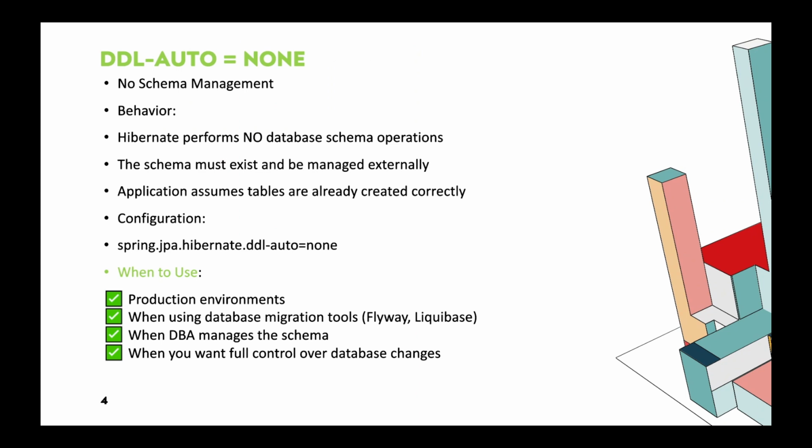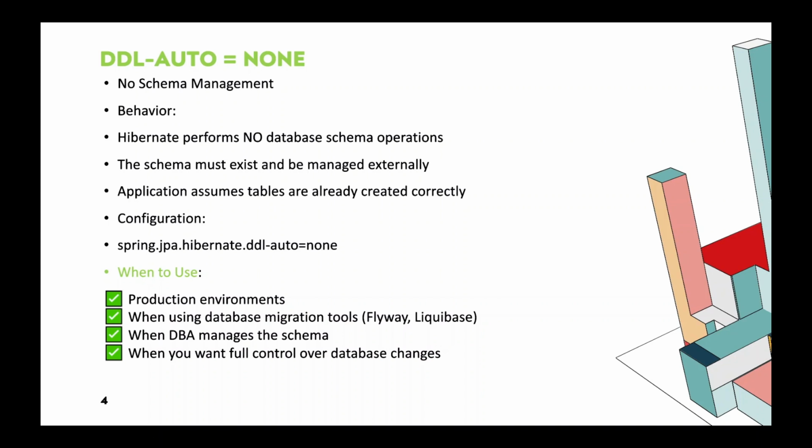Let's go with the basic value, none. As I said, Hibernate performs no database operations here. The schema must exist and be managed externally, meaning you get the SQLs from the DBA, run them, and make sure the database is correct before you start the application. So DBA operations will be performed in the backend manually.